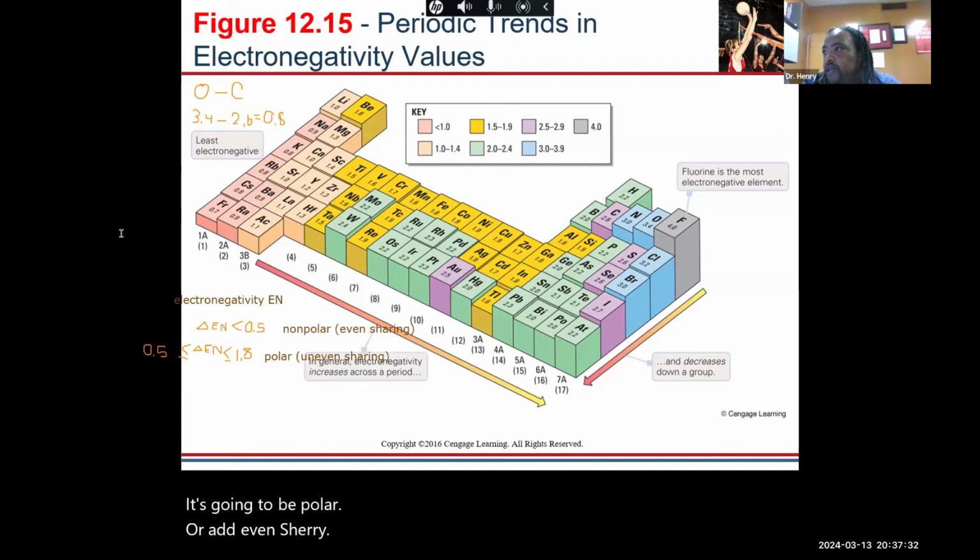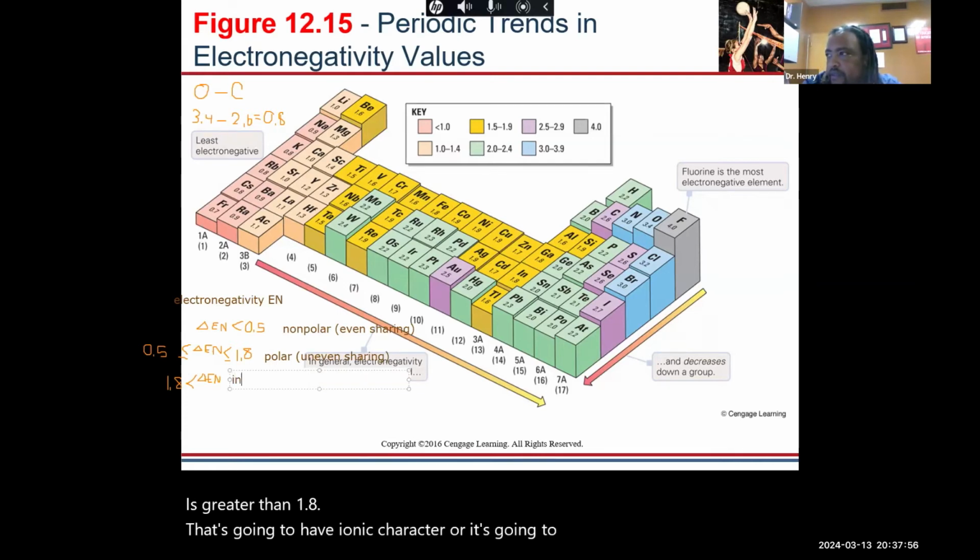And if our delta En is greater than 1.8, it's going to have ionic character, or act like an ion.